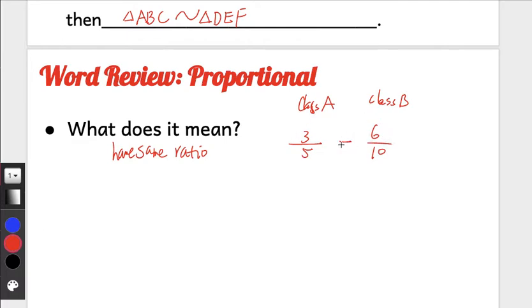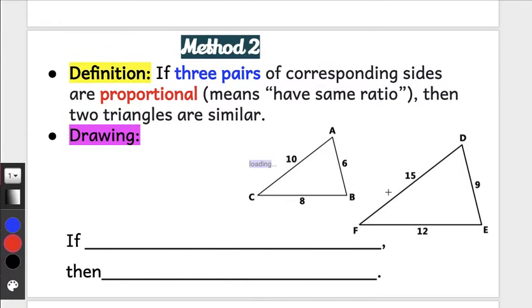What does that mean? These 2 ratios are equivalent. As you can see, 3 times 2 is 6, 5 times 2 is 10, they follow the same pattern. So when we simplify, they will be equal to each other. So that means proportional.